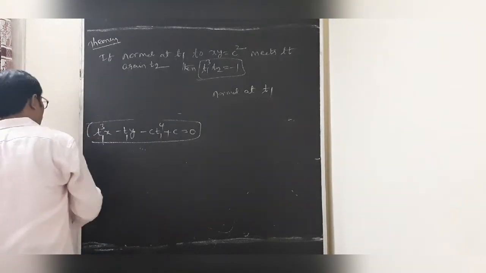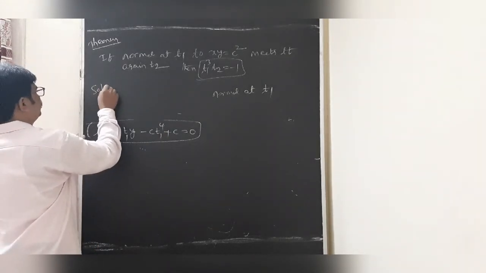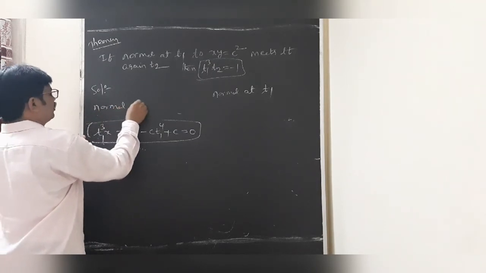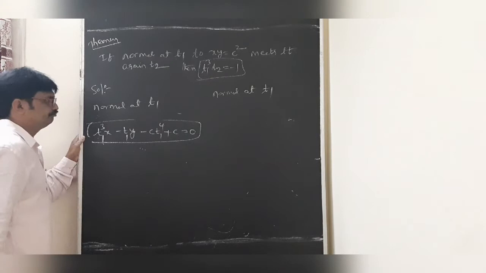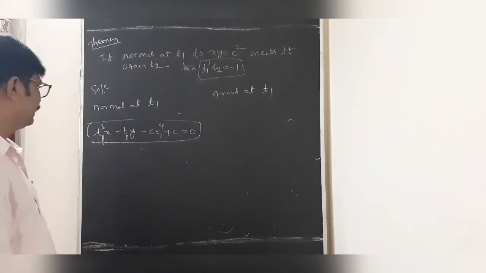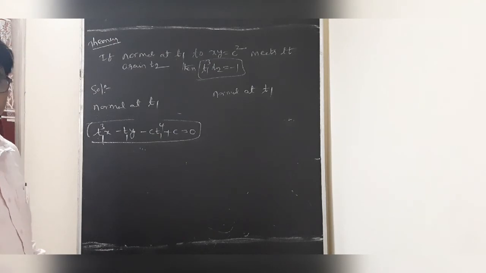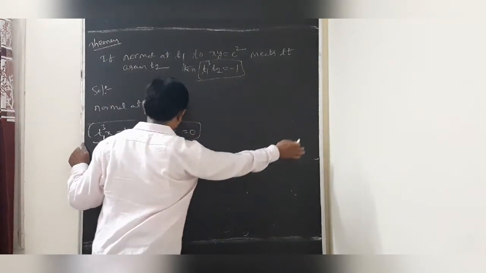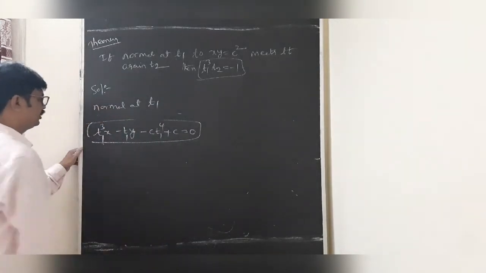So the equation of the normal at t₁ is t₁³x − t₁y − ct₁⁴ + c = 0.